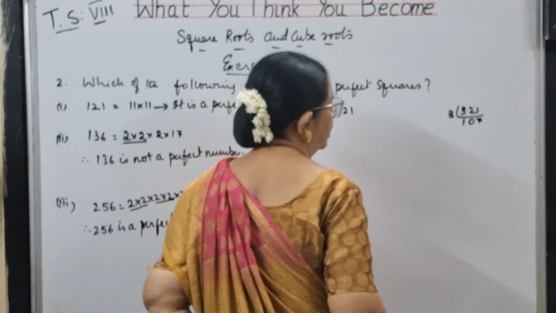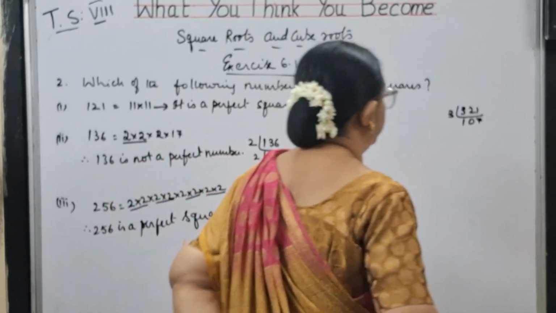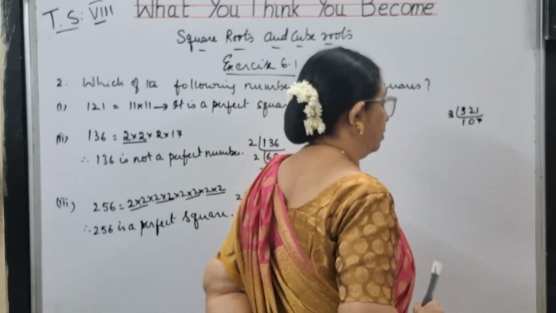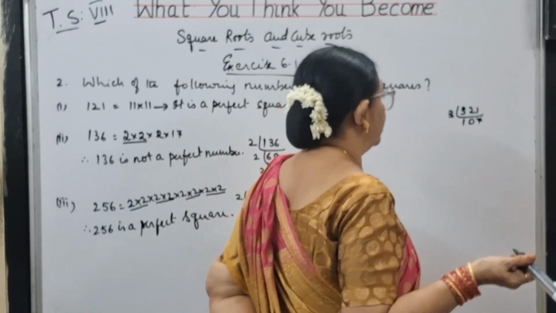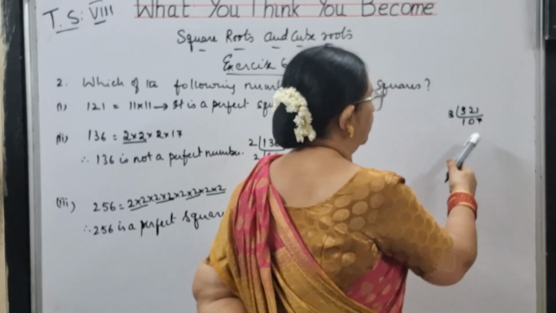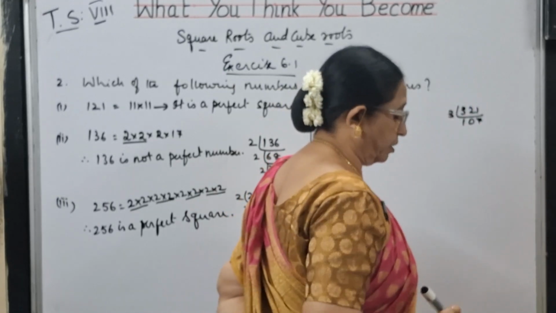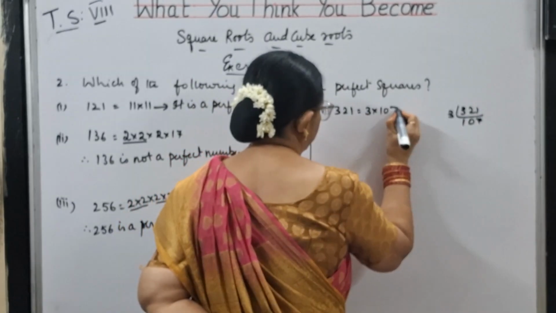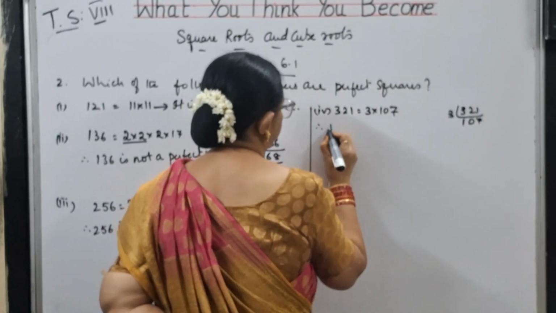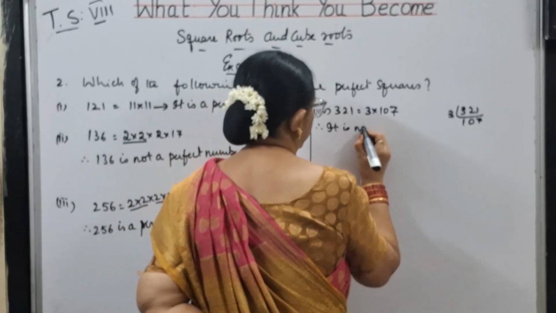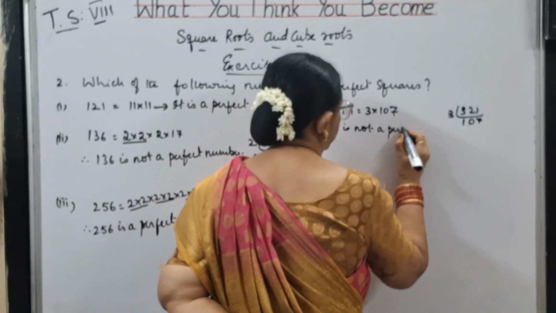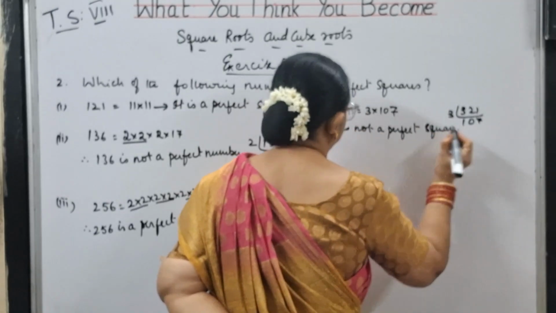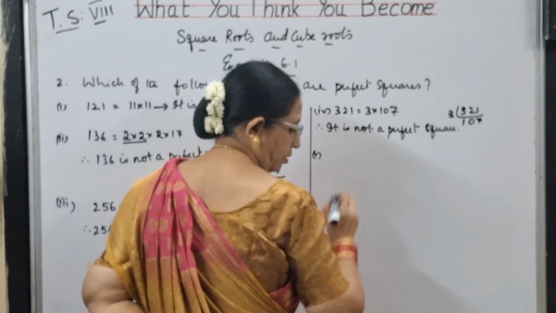You cannot find any other table. 107 means 9, 9 you cannot, 11 you cannot, 7 you cannot, 7 1s are 7, 37 you will be getting. So you are going to get it as 3 into 107. So it is not a perfect square.